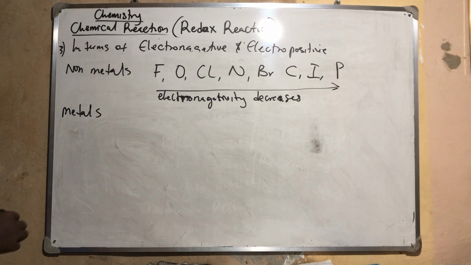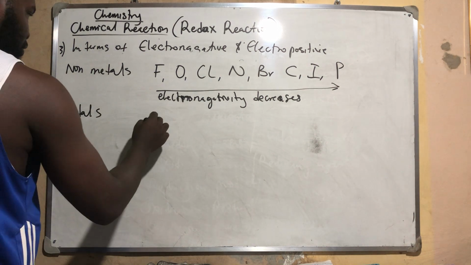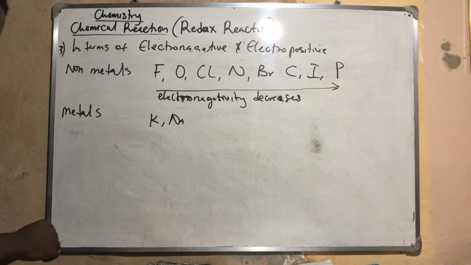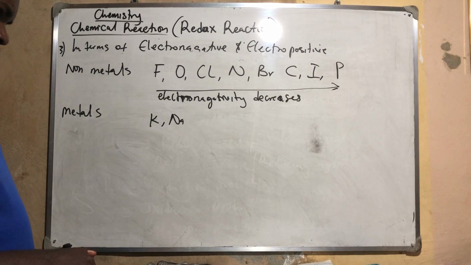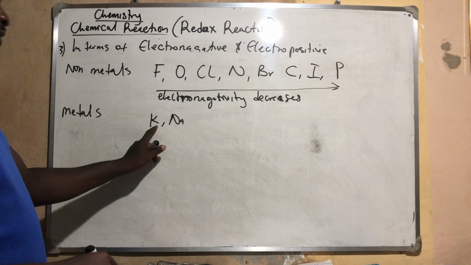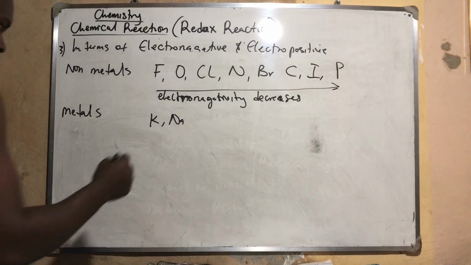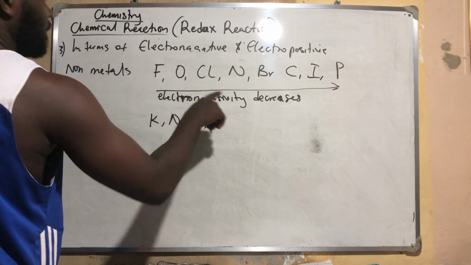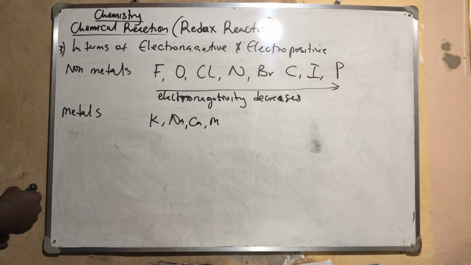But for metals, we have potassium, sodium. Potassium is the most electropositive element. So is it the least electropositive element? No, the most electropositive element is potassium. Then Ca, magnesium. The most electronegative element is fluorine, please.